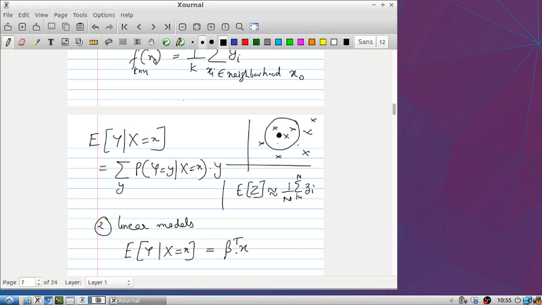It's like saying, I don't know what the joint distribution between x and y is, the p of x, y, which, if I know it, I told you I can compute this, but I'm going to assume that this conditional expectation of y given x is actually linear. That's like a strong restriction assumption. I'm not willing to look at any other conditional expectations. I want to say that this is actually equal to beta transpose x. This is an assumption that I want to make.